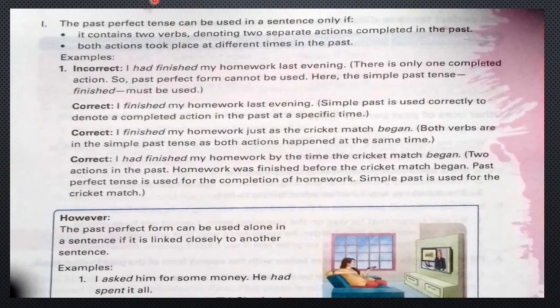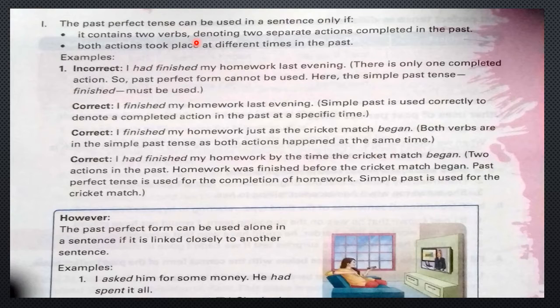So here the past perfect tense can be used in a sentence only if the conditions mentioned here are met. First one, it contains two verbs denoting two separate actions completed in the past.